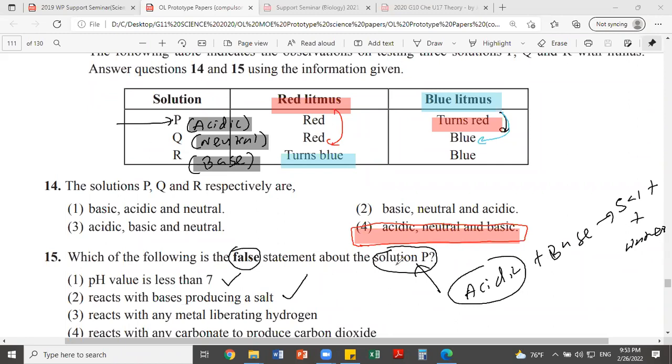That is called a neutralization reaction. That is also correct. Solution P reacts with any metal liberating hydrogen, and reacts with any carbonate to produce carbon dioxide. Acids react with carbonates to liberate carbon dioxide. That is correct. Then why is the third statement false?